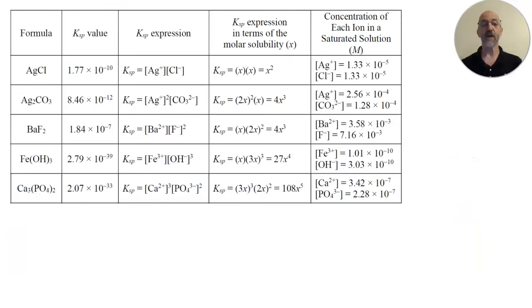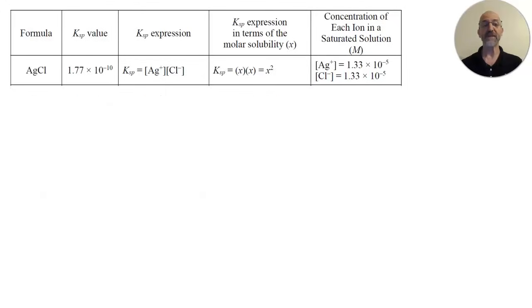You'll notice I have a 1-to-1 ratio of cations to anions in AgCl. And then the next two examples, I have a 2-to-1 or a 1-to-2 ratio of cations to anions. And then I've got two more examples. I've got a 1-to-3 ratio and then finally a 3-to-2 ratio. I'm going to go ahead and show you the math to make sure that you can go from the Ksp to the molar solubility of the ions.